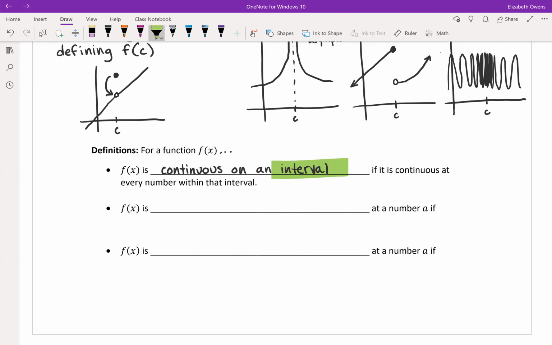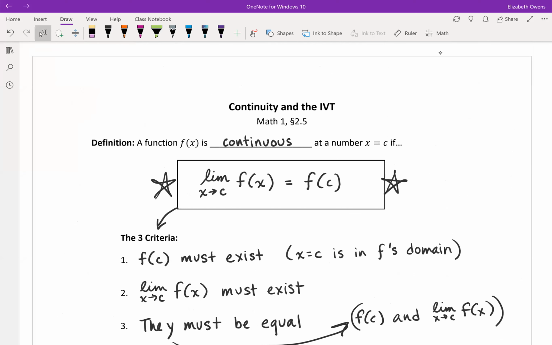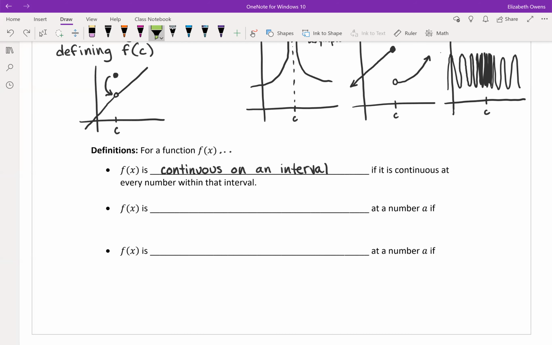Our previous definition at the start here just defined a function being continuous at a particular number x equals c. Okay, so this one is looking at just one point. Now our new definition is looking at an interval, if we have continuity at all the points within that interval. Okay, so that's continuous on an interval.